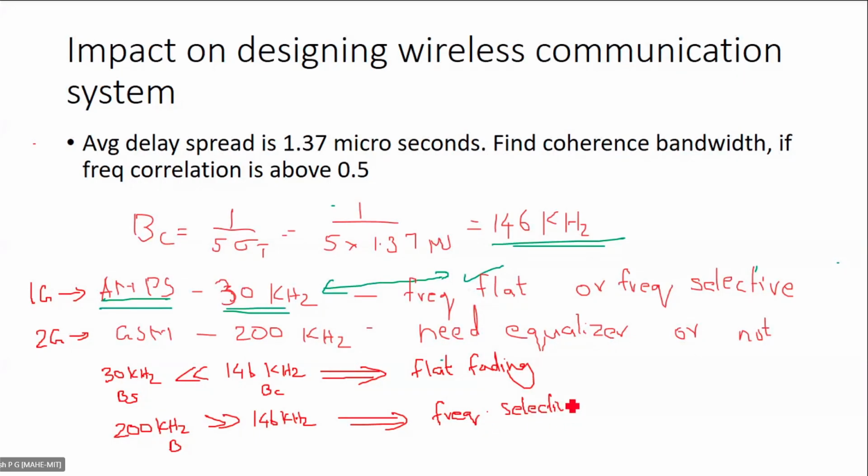Since GSM experiences frequency selective fading, we need to add an equalizer in the receiver, because different frequency components experience different effects. So in order to equalize that effect, you need to add something called an equalizer.